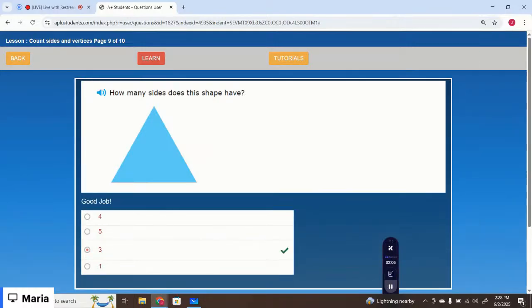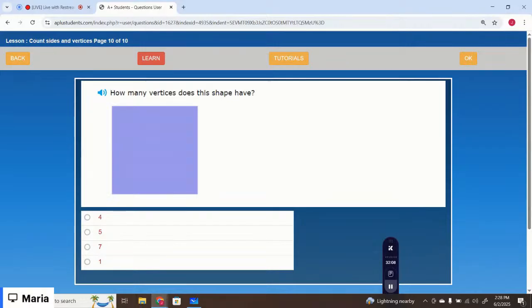Option number three is the correct option. How many vertices does this shape have?